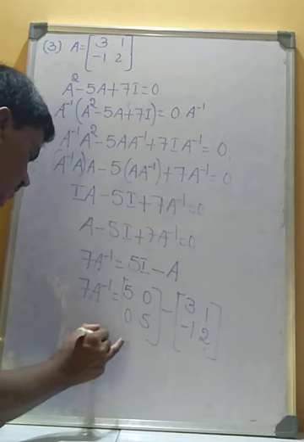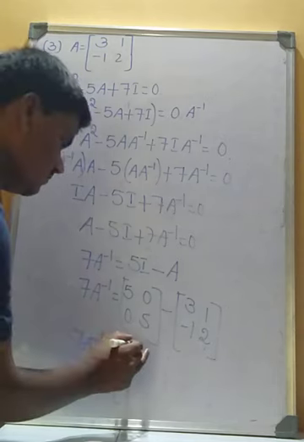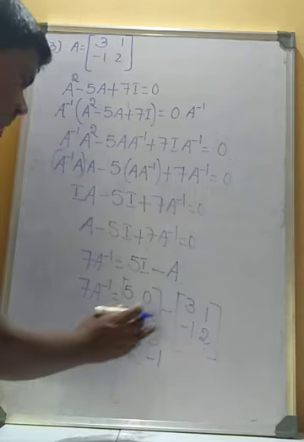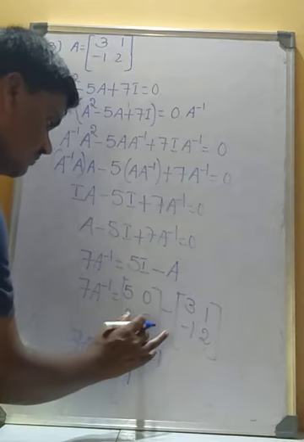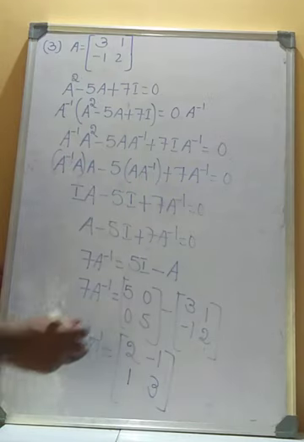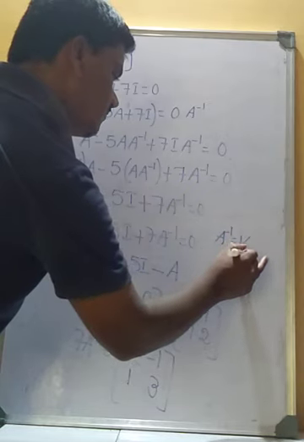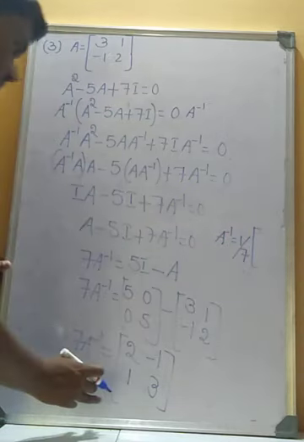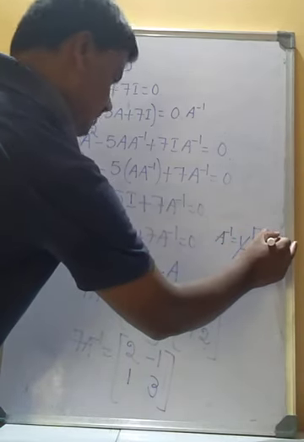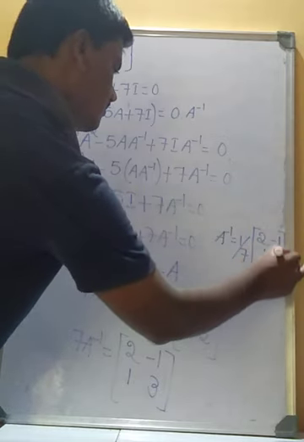Therefore 7A inverse is equal to 5 minus 3, 0 minus 1, 0 minus into minus plus 1, 5 minus 2, which is 2 1, 1 3. Therefore A inverse is equal to 1 by 7, 7 goes to right hand side denominator, 1 by 7 into matrix 2 minus 1, 1 3. So A inverse.